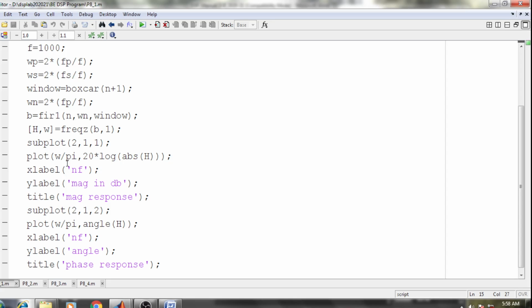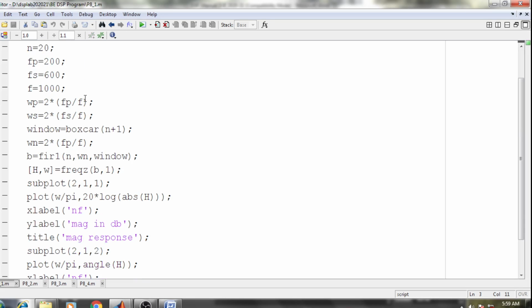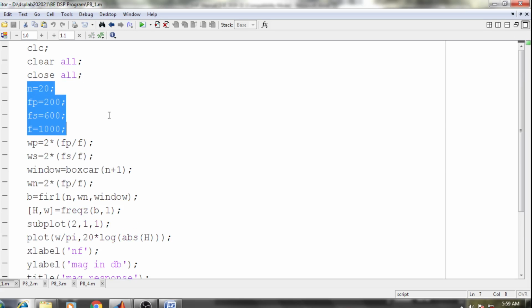The first section is low pass filter design using a windowing function. The first three statements are clear, clear all, close all. Then these parameters are described: N equal to 20, Fp equal to 200, Fs equal to 600, F equal to 1000.